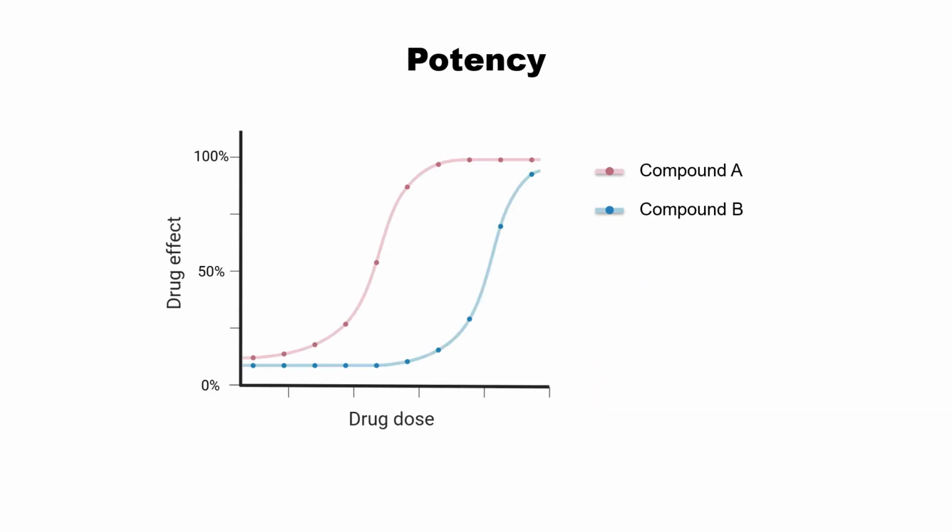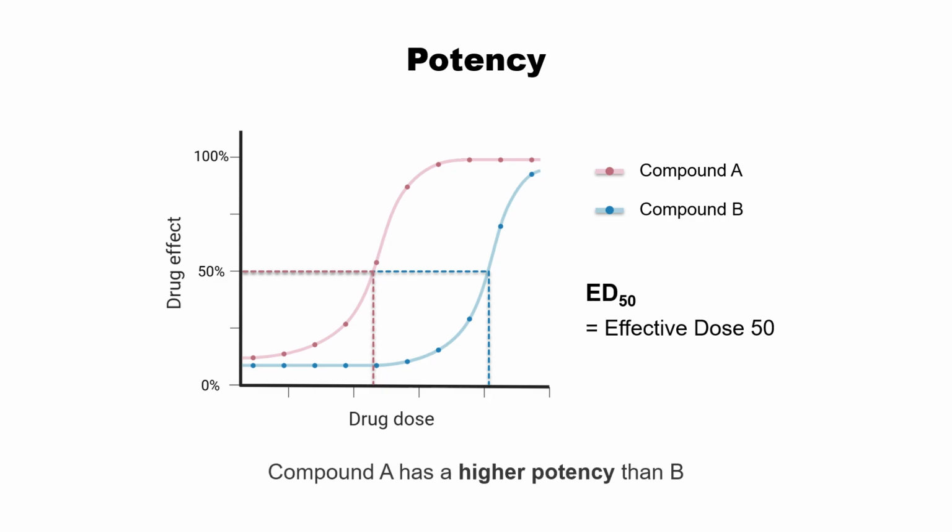Activity of a compound can be measured in two different terms. One is potency. In this example, compounds A and B show a similar maximum value of 100%, but the concentration required to reach 50% effect is different. In this case, A requires a much lower concentration than B to reach there.